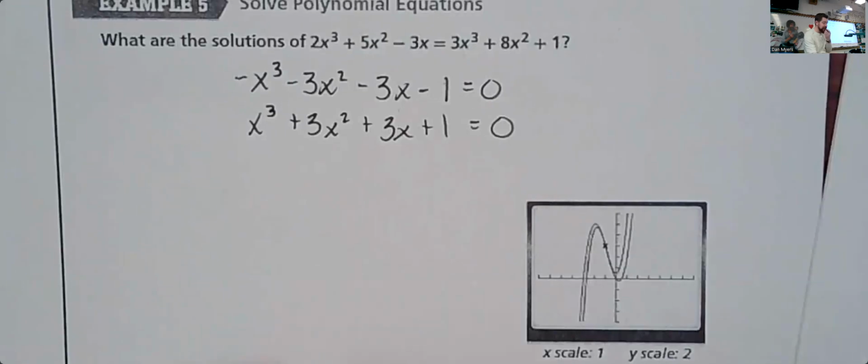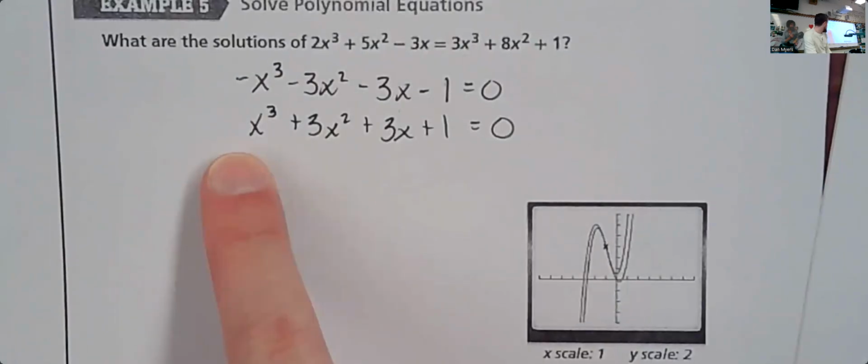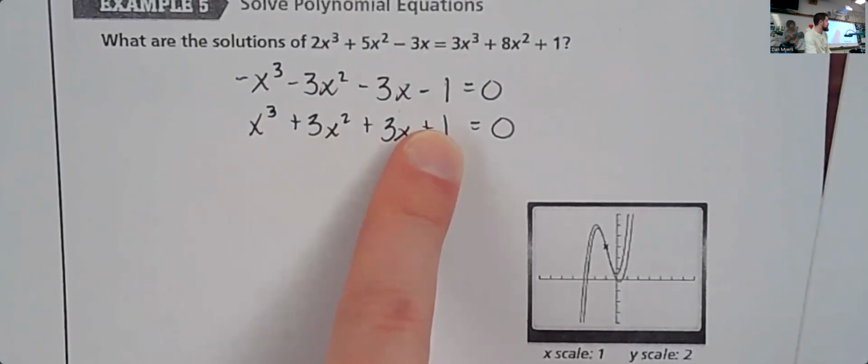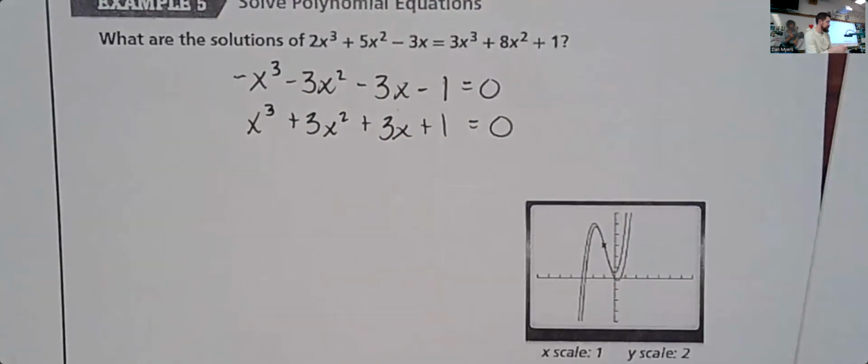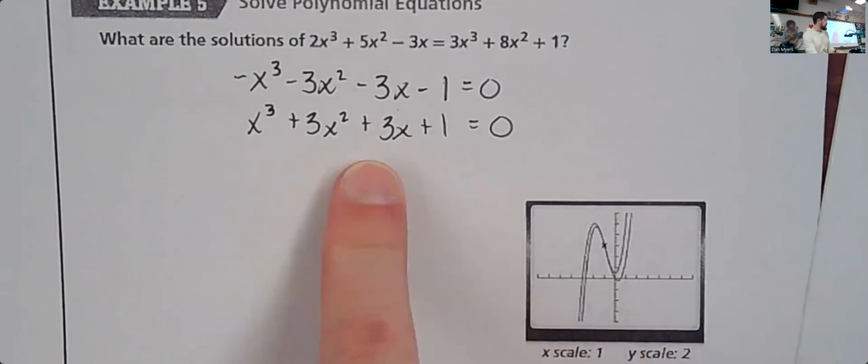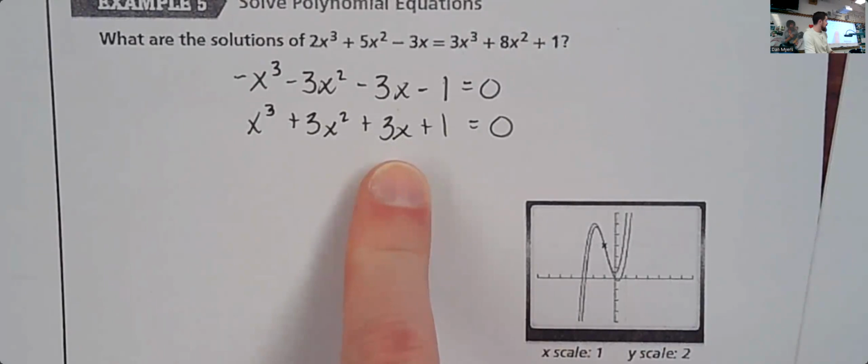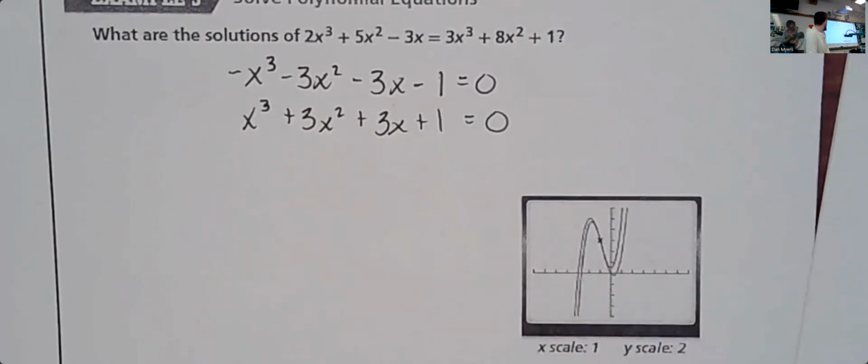And if we look here, our coefficients are 1, 3, 3, and 1. So for this particular problem, if we see 1, 3, 3, and 1 here, that could be a clue as to how to factor this.